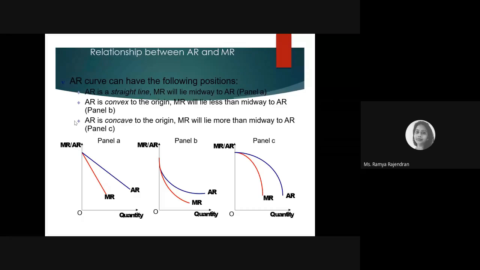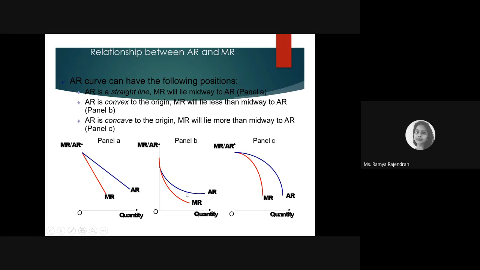Okay, so AR and MR are closely associated with each other. There are 3 positions where you can create a relationship between both of them. Okay, so when average revenue is decreasing, marginal revenue will also be decreasing, but at a higher rate.